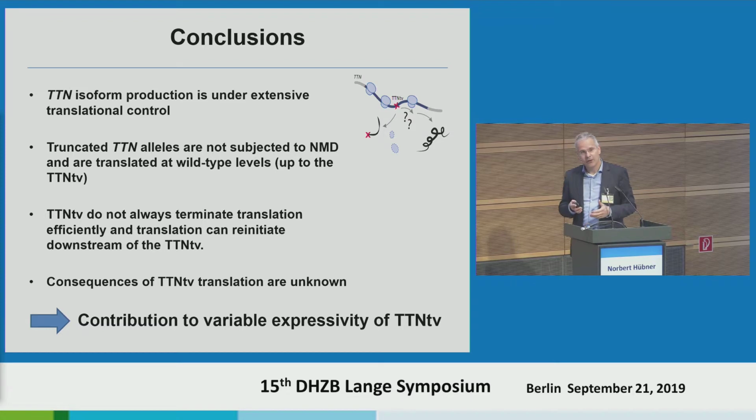The consequences of these translational events are currently not known, and we believe strongly that they can contribute to variable expressivity of the titin molecule, with additional peptides coming from the molecule that interfere with the severity of the disease.